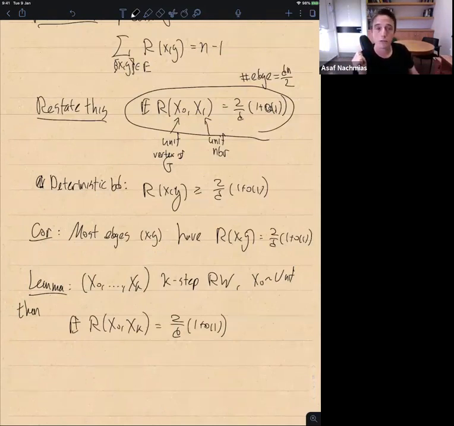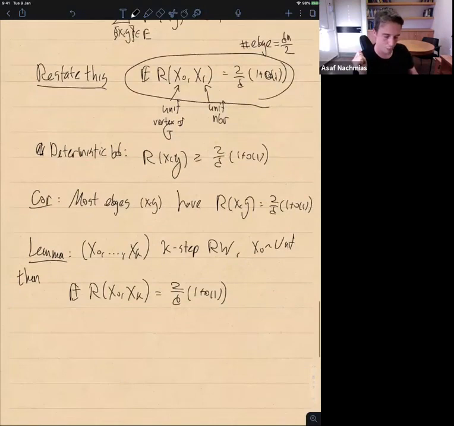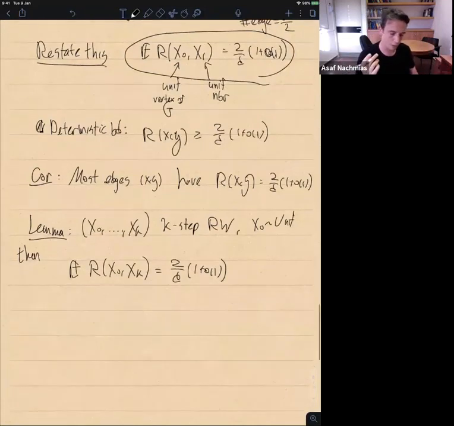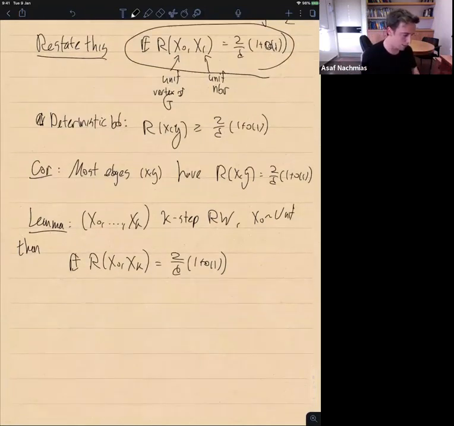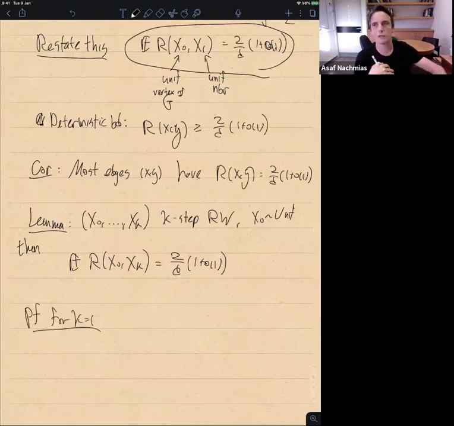And let me try to show you the proof. The proof is cute. Let me show you the proof in the case that you already know, which is k equals 1. It's a different proof of Foster's theorem that is nice, and I will leave you the details of how it works for higher k.